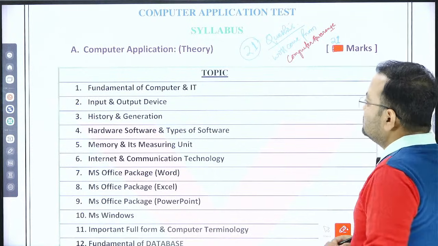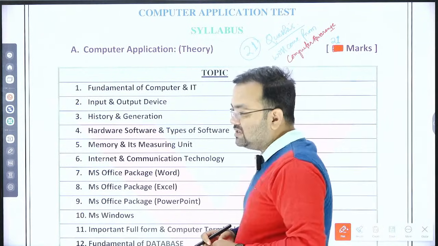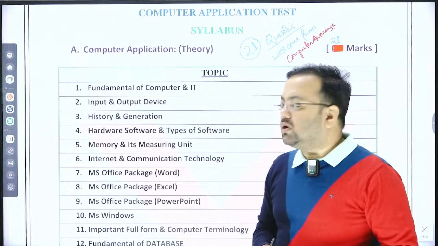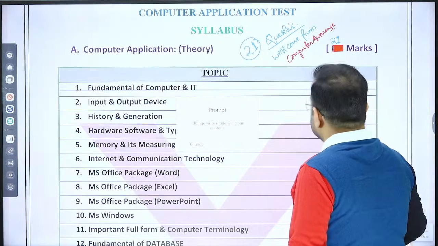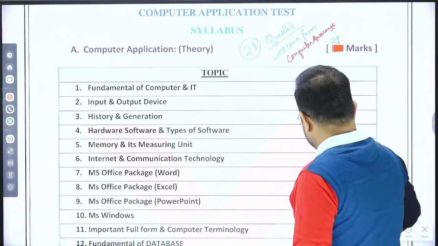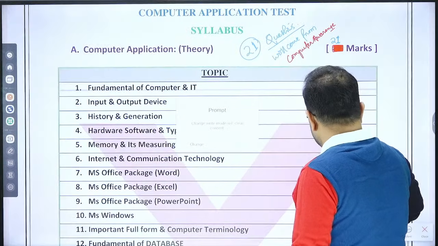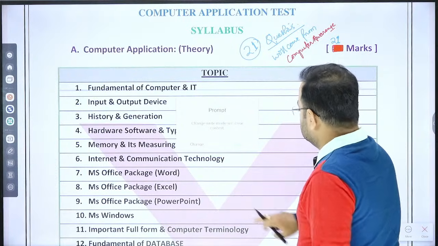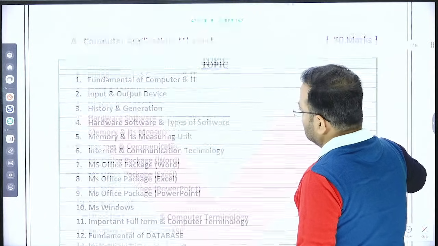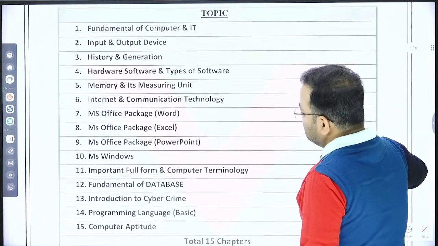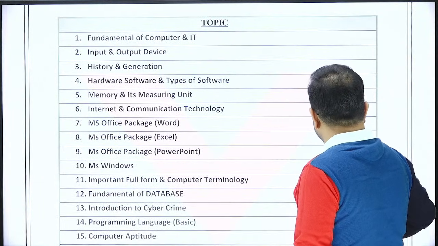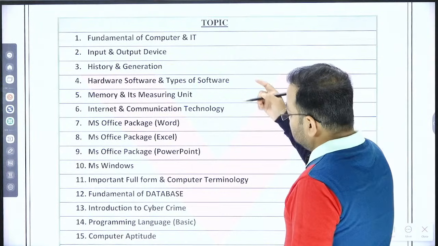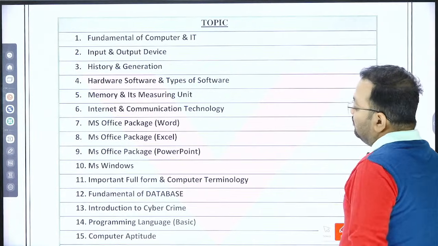So what is the theoretical subject, meaning the syllabus relevant to computer awareness? I am mentioning the syllabus on the screen, it is clearly visible, students, you can check. From chapter number 1 to chapter number 15.